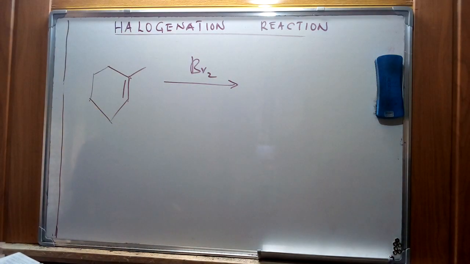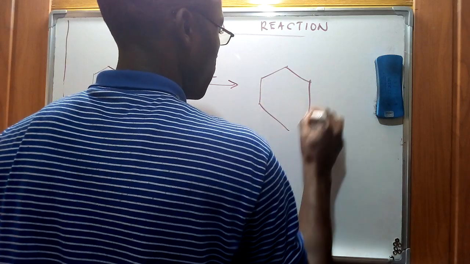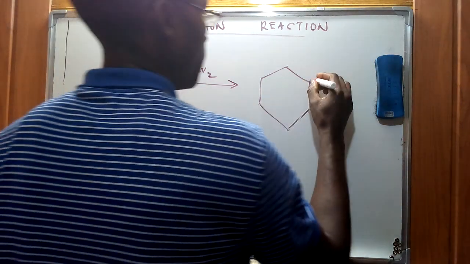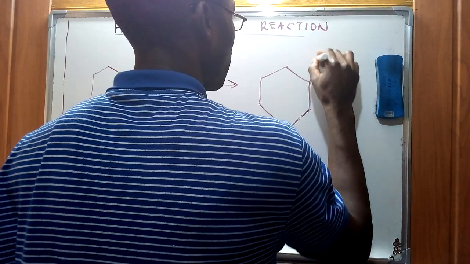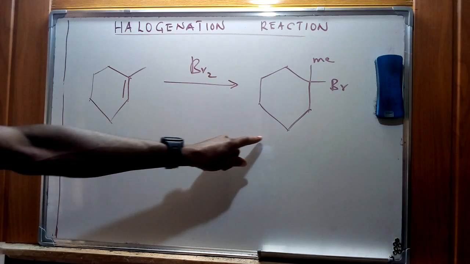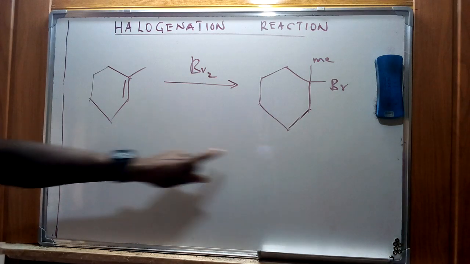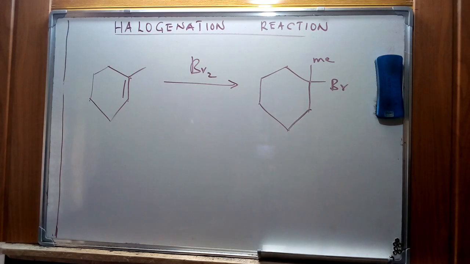So from that particular illustration, we're going to see that if this process of halogenation takes place with this kind of a molecule, we're going to have this molecule illustrated as such, and therefore it's going to form a cyclohexane, and this is a cyclohexane which has undergone bromination.